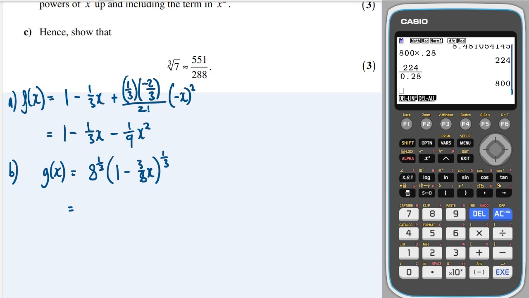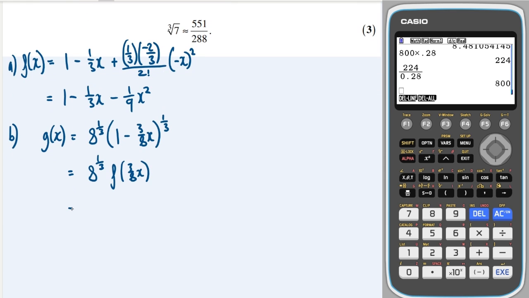Okay, well, what we would do is, first off, we need to take out this 8, because we always need to have it as 1 in that slot there. So we'll write g of x is equal to 8 will come outside, and when it comes outside the bracket, we must take the power with it. And divide by 8 gives me 1, and divide by 8 gives me 3 over 8 x to the power of 1/3. Okay, well, what is this then? So this is essentially 8 to the power of 1/3, and it is f of x, but the x has been changed to 3 over 8 of x. So what I'll need to do is take this out and just use my part A, but replace the x with 3/8.